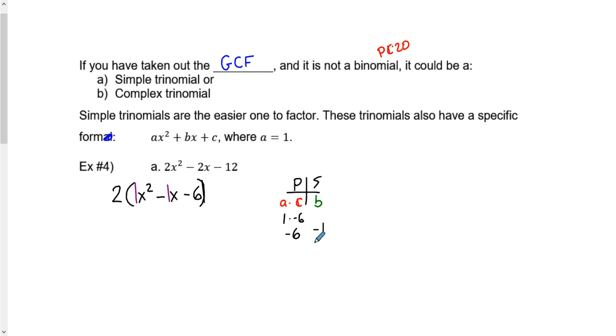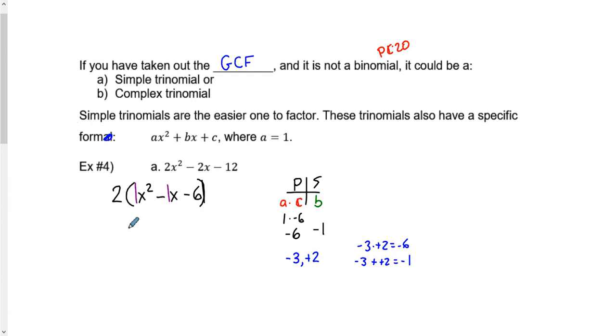Because we've done enough practice with our foundations 10, I'm just going to quickly go over the answers. Negative 3 and positive 2. Because negative 3 multiplied by a positive 2 gives us negative 6, and a negative 3 add a positive 2 gives us negative 1.